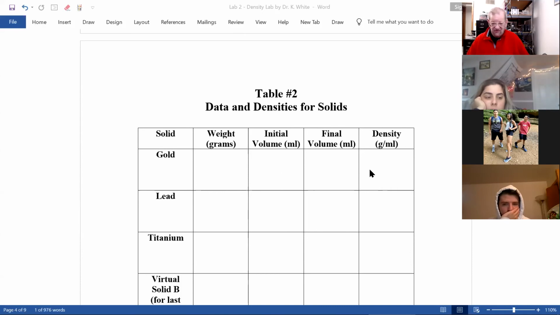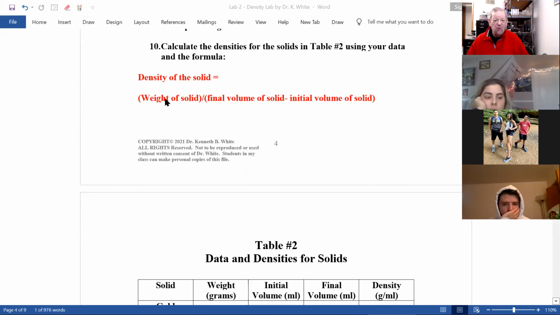And for this, the density is weight of solid divided by final volume minus initial volume. And that's today's lab, plus answering the questions. Don't forget, this lab is due on Thursday.